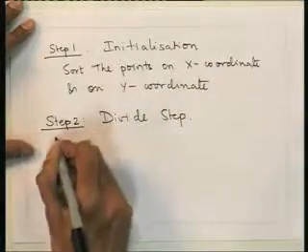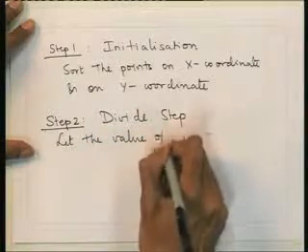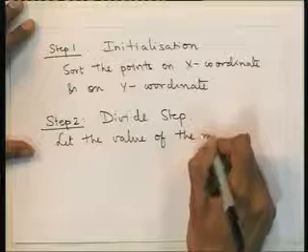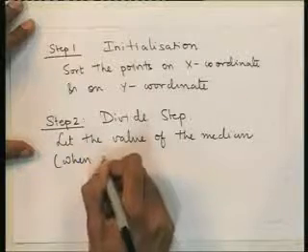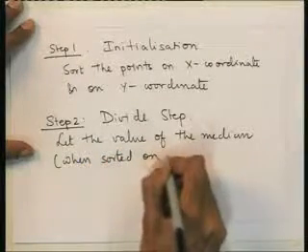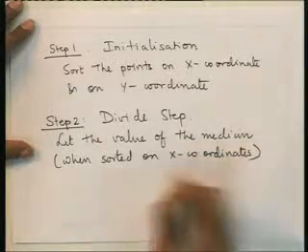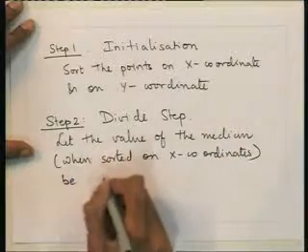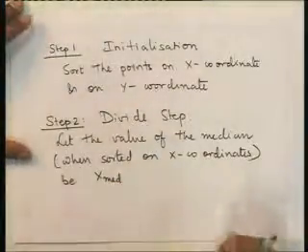So let the value of the median when sorted on x coordinates, let this be, let us say, x median. Okay. So, now we split the input into two parts, points to the left of x median and points to the right of the x median, and then we would like to recurse on these two parts.